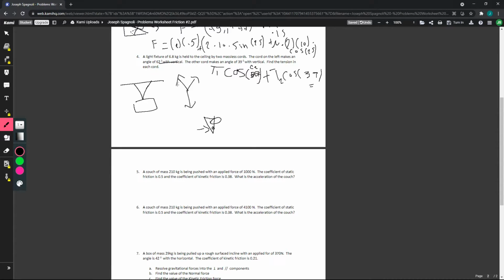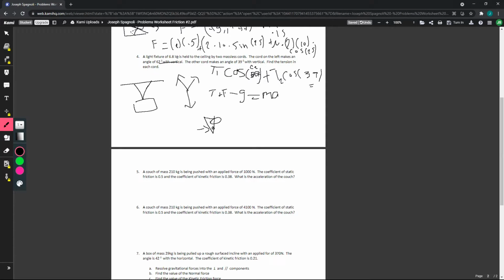Since these two chords right here... Nope, I'm going to explain this right now. Technically, we can see this problem as T plus T minus g is equal to ma. However, ma is equal to 0, because it says two massless chords.